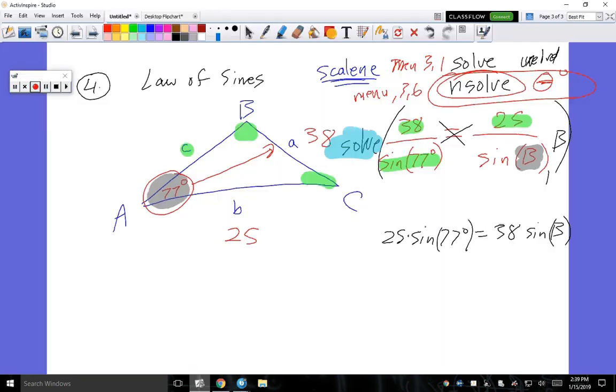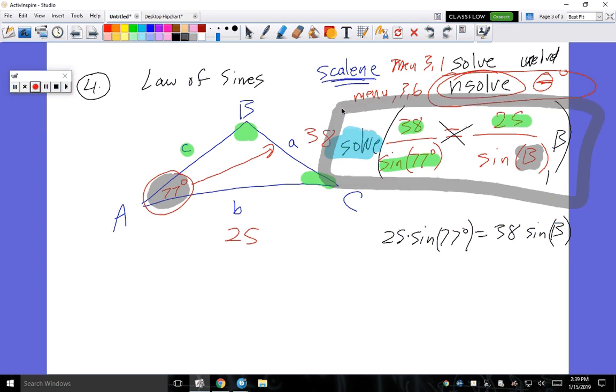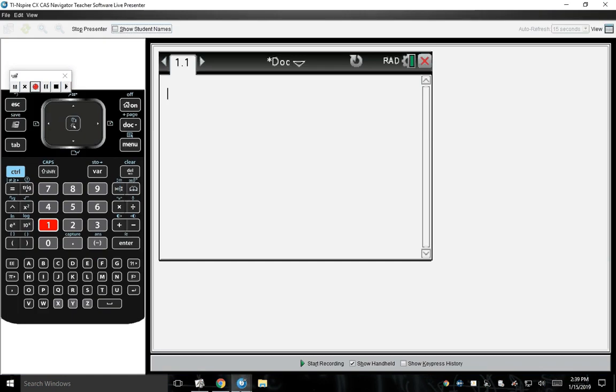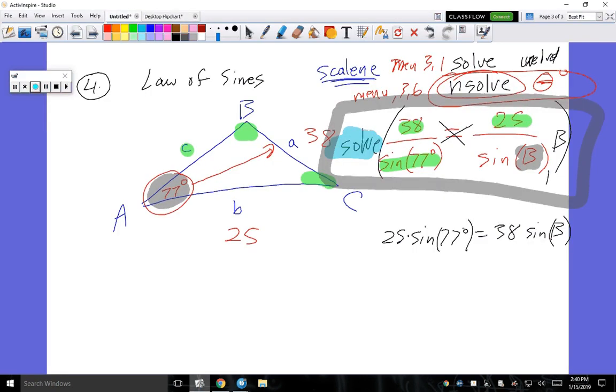And I'm going to solve this thing right here. And I'm going to insolve it because I'm looking for an angle. So you can press S-O-L, and you see it all italicized, but as soon as you finish spelling it, it stands up, because it's a program in the calculator. So insolve, parentheses, control enter, and we're just going to plug that in.